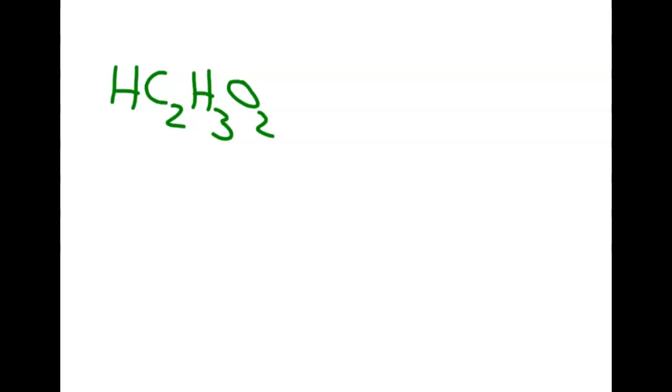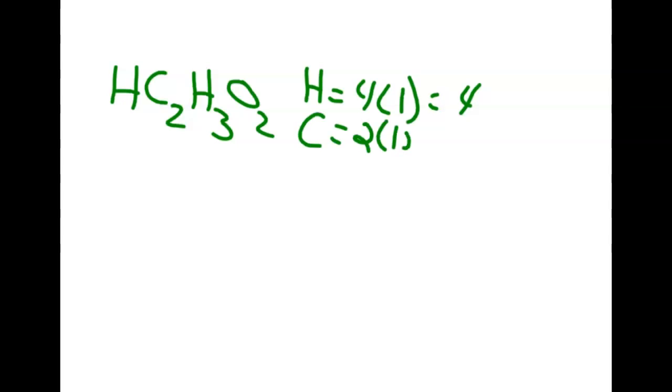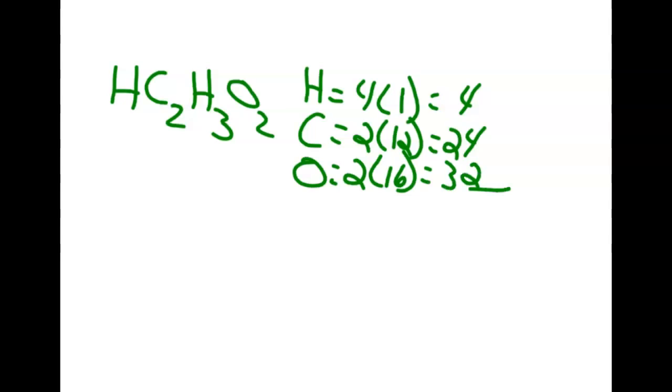So I have a total of 4 hydrogens, so H equals 4 times 1, C equals 2 times 12, and O equals 2 times 16. 24 plus 32 plus 4 equals 60 AMU. Double check my math, make sure I didn't make a mistake, but you can check that one out.